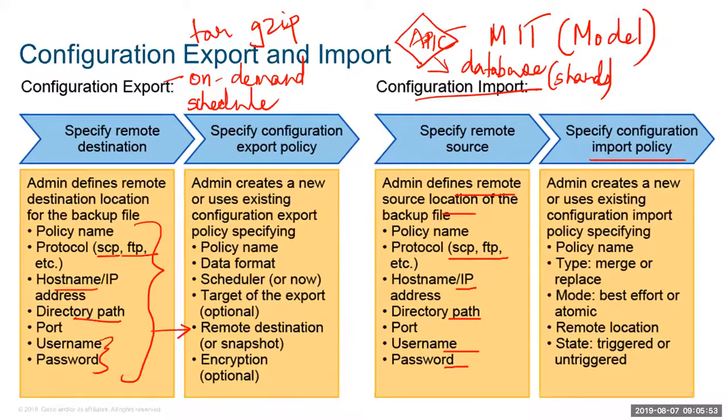So policy could say, well, I just want to merge. Merge means just look at the things that are missing and only pull that information from the backup file into the current config.